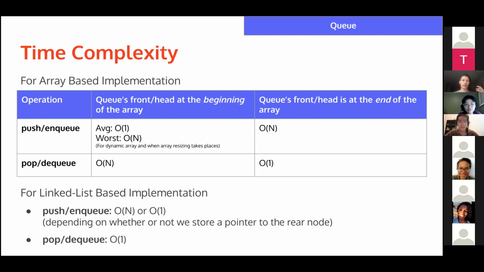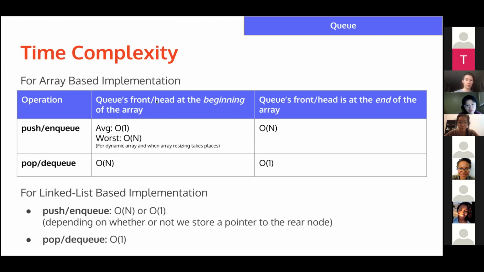So this means that, like we said, the push or the enqueue method is going to be O of n, because we have to insert something into that 0th position and shift everything else over. And the pop dequeue is just O of 1, because we're just popping something off of the end. Our array already has a pointer to that.